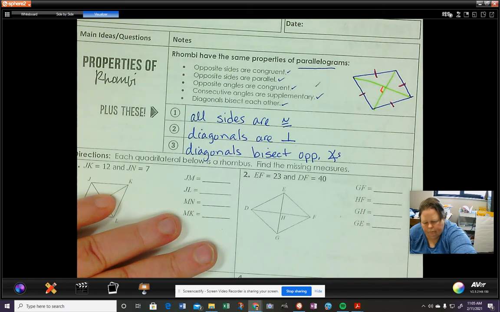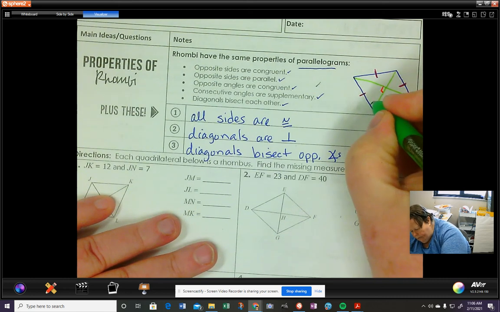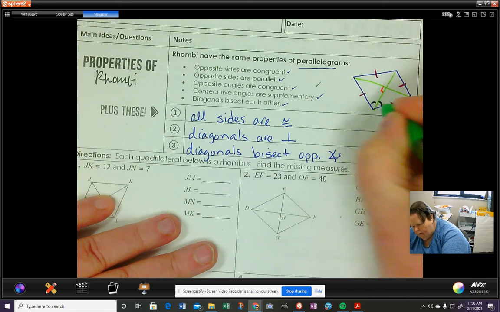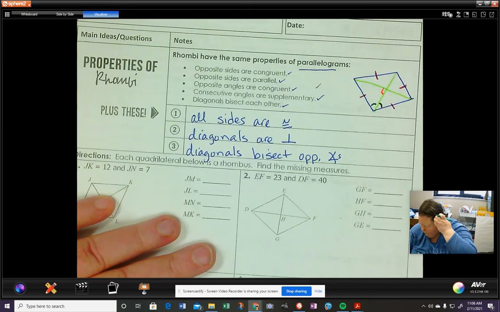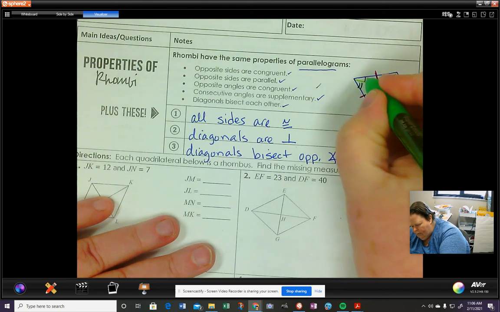And that the angles, this angle is congruent to that angle, because the diagonals bisect the opposite angles. This angle is congruent to this angle.